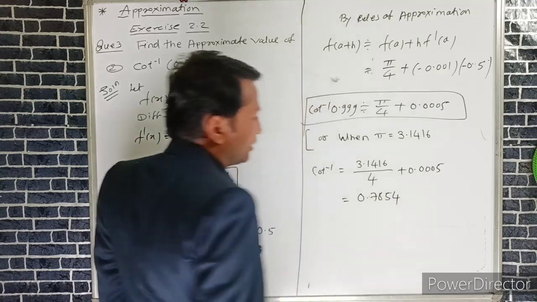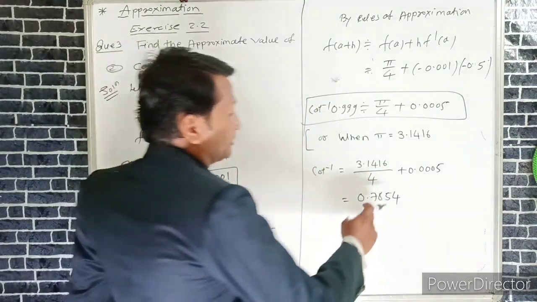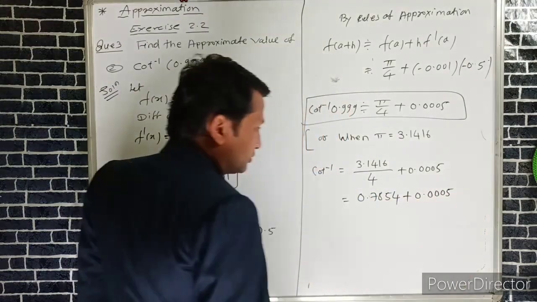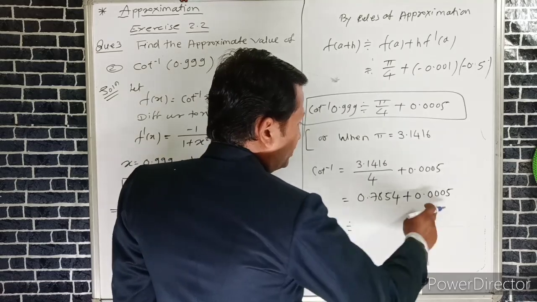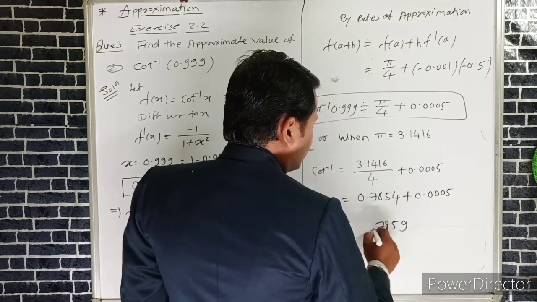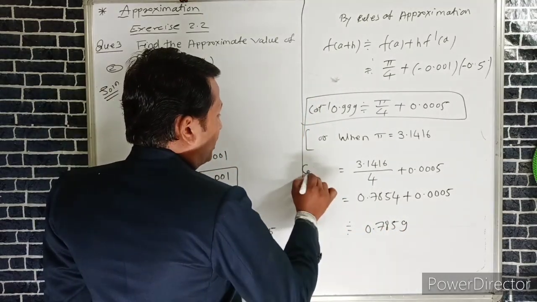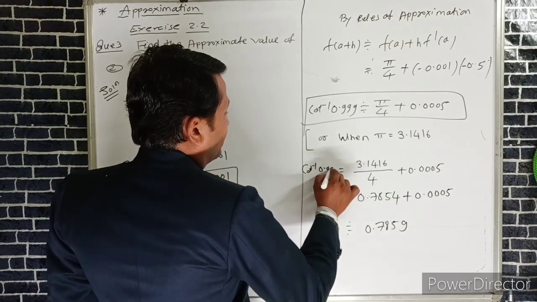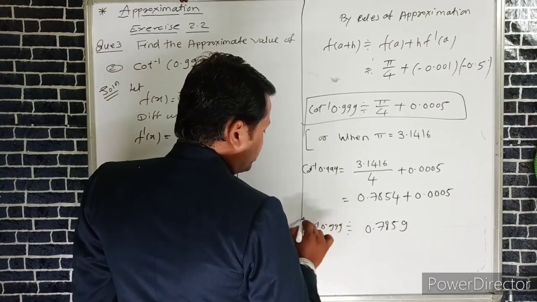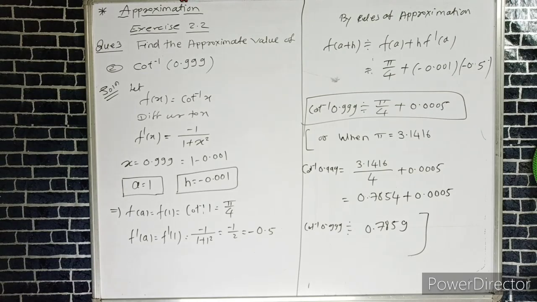The division of 3.1416 upon 4 is 0.7854, plus 0.0005. If we add these both terms, we get 0.7859, which is the required value of cot inverse of 0.999. Also we can write this value in real form.